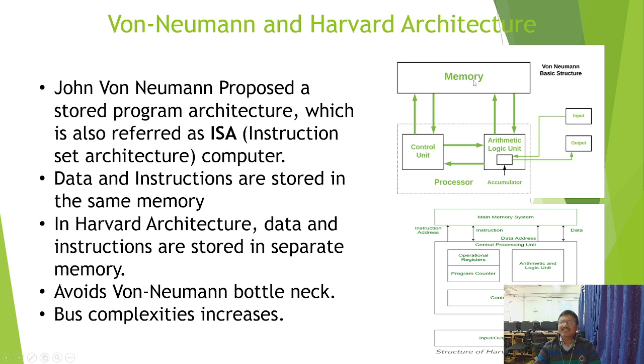That means this simple architecture says that while we execute a certain program, that program must be stored within the main memory, and from main memory the processor will take the instructions one after another and execute them within the processor.